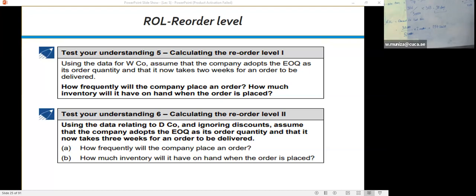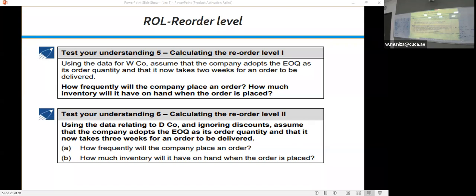And for reorder level, what is the lead time? 3 weeks. So 45,000 was annual for 52 weeks and multiplied by lead time of 3 weeks is 2596 units. Clear about the idea?